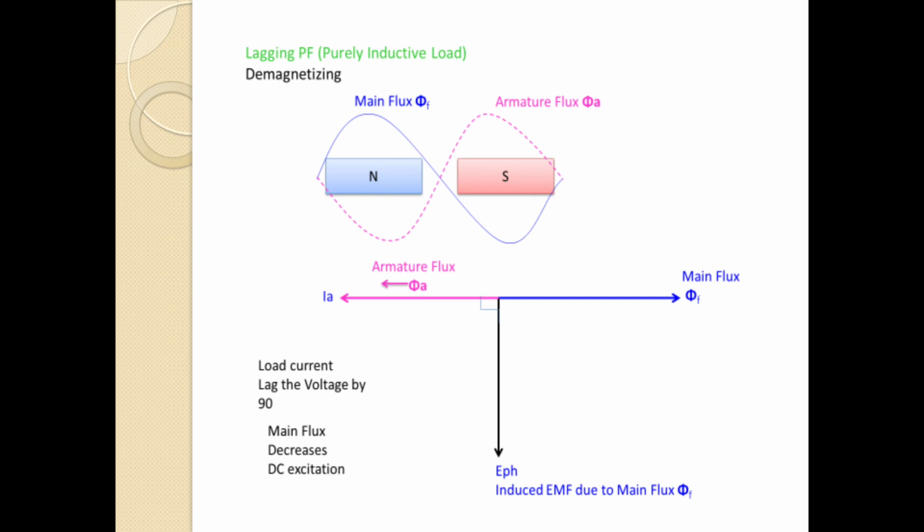Again, armature current IA produces armature flux phi A in phase with IA. Phi A and phi F are in exactly the same direction.